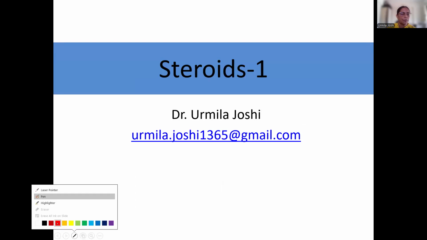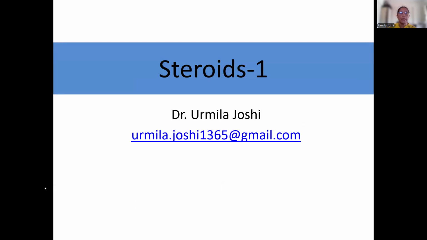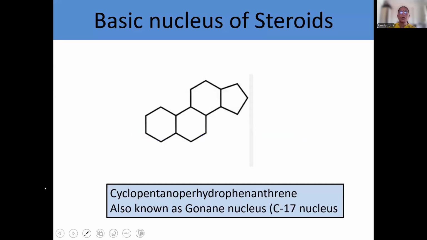In this topic, we are going to see the basics of steroids. So this is the basic steroid nucleus. This basic steroid nucleus consists of four rings, and these four rings are named ring A, ring B, ring C, and ring D. Now, if you look carefully, rings A, B, and C form a saturated phenanthrene structure.